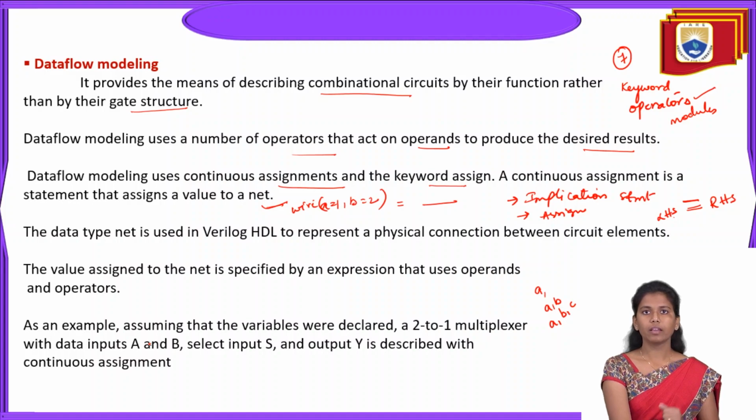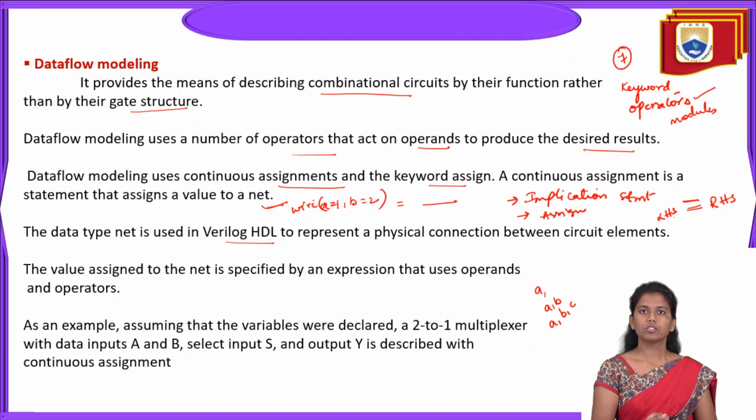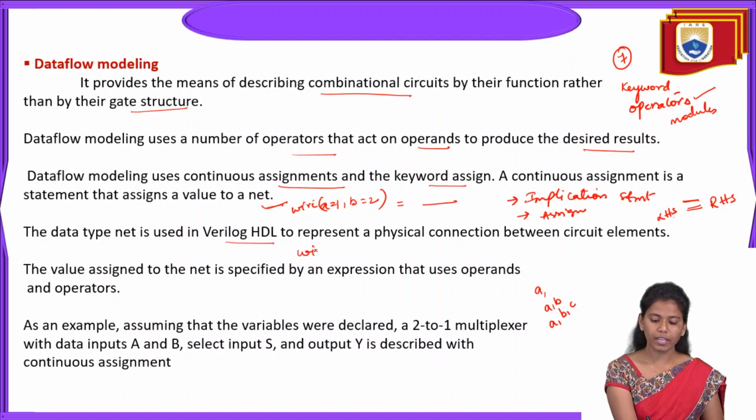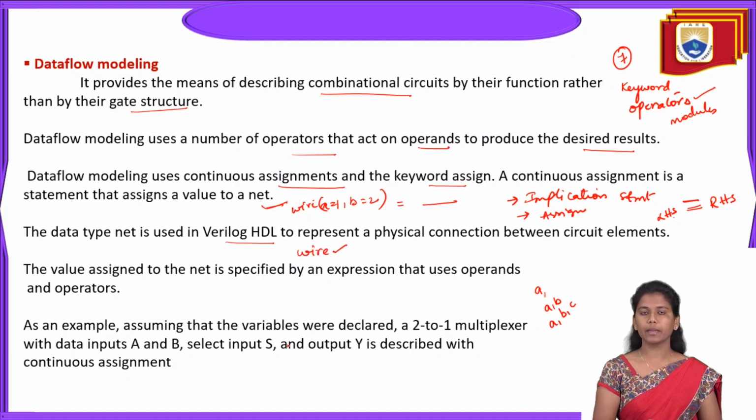Okay, and then the data type net is used in Verilog HDL to represent a physical connection between the circuit elements. So here the data type net is nothing but a wire. The data type net is one of the few data types we have in Verilog, and those data types are named in terms of wire, right?